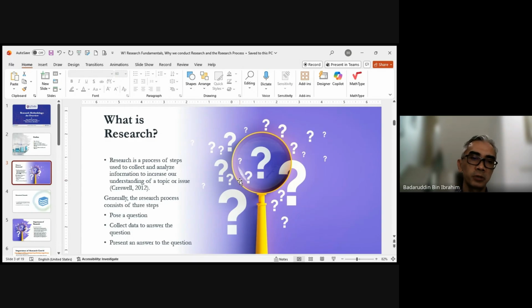And then the research process also consists of gathering the data, collecting the data to answer the question. Basically, there are two approaches that students or researchers will use. They can collect the data using a qualitative approach, whereby they have interview sessions with the respondents.